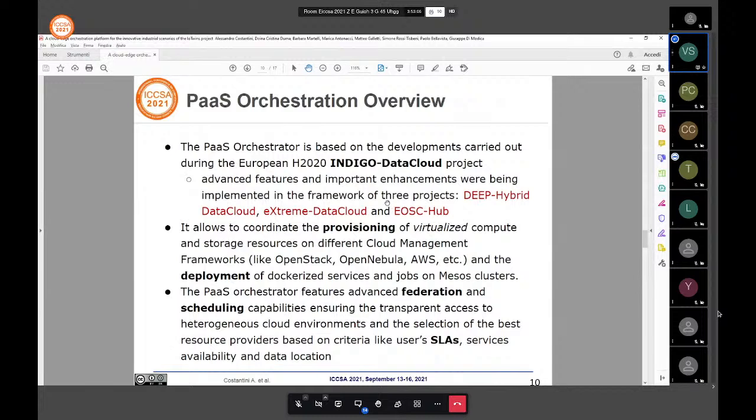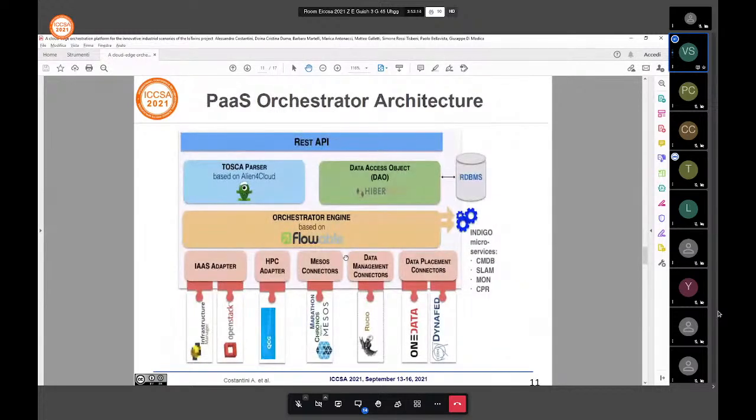So what the user can or cannot do within the service level agreement defined with the framework itself. Here you can see the high-level architecture of this PaaS orchestrator, which is exposed by REST API like all the services that we show you here. The most important part is the orchestrator, as you can see in the middle of the figure, and the so-called adapters and connectors, which are a sort of plugins that are able to integrate and communicate with different kinds of resources and technologies.